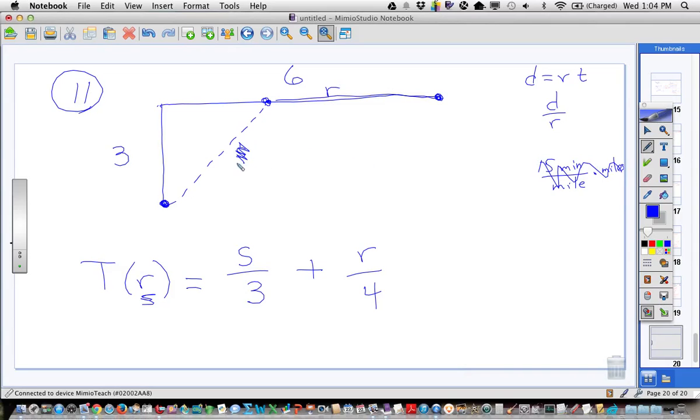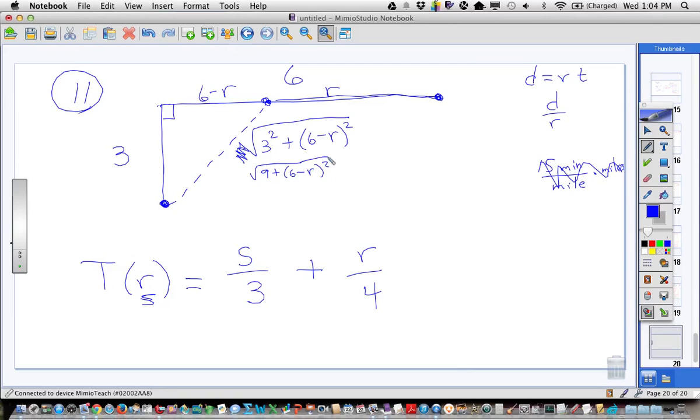Solve for S. Okay, in this triangle, this right here is going to be 6 minus R. So we can go 3 squared plus 6 minus R squared, and then square root of that, right? Pythagorean theorem. Now we could FOIL that out, but it's not necessary. This is just going to be 9 plus 6 minus R squared.